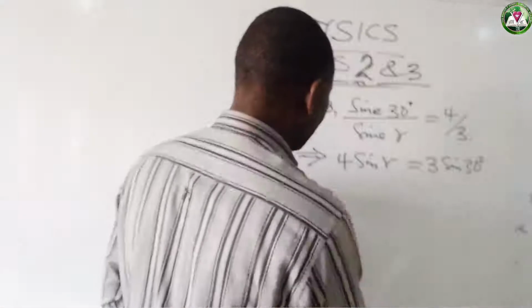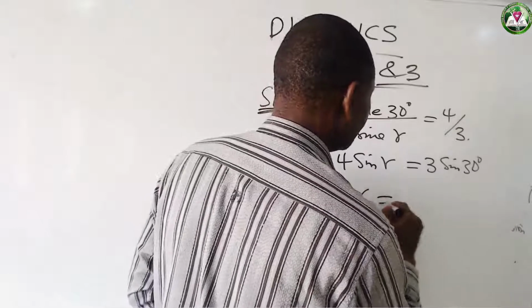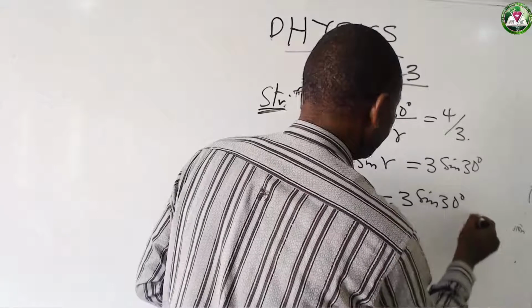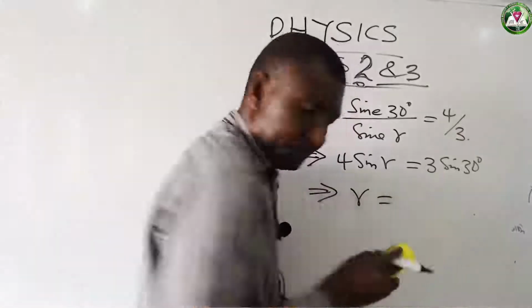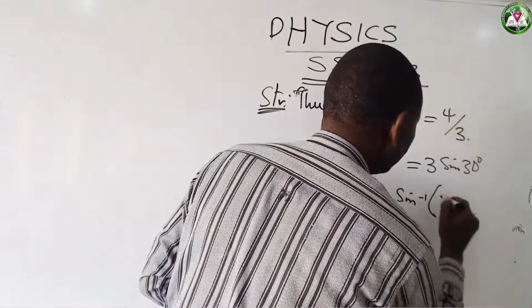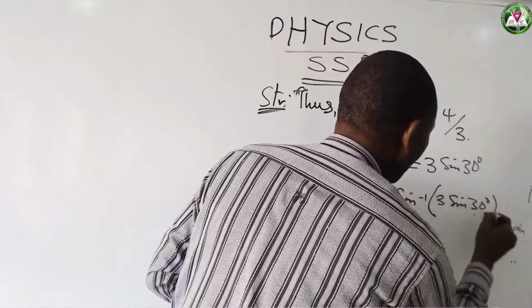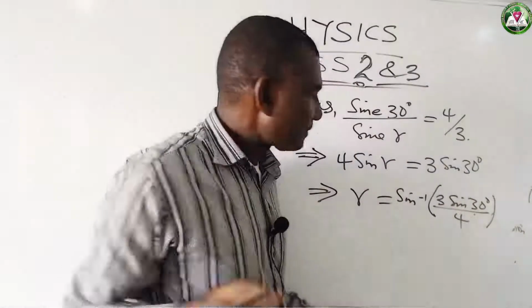So this implies that r, which is the angle of refraction, is equal to sine inverse of 3 sine 30 degrees all over 4. So that will be the value.